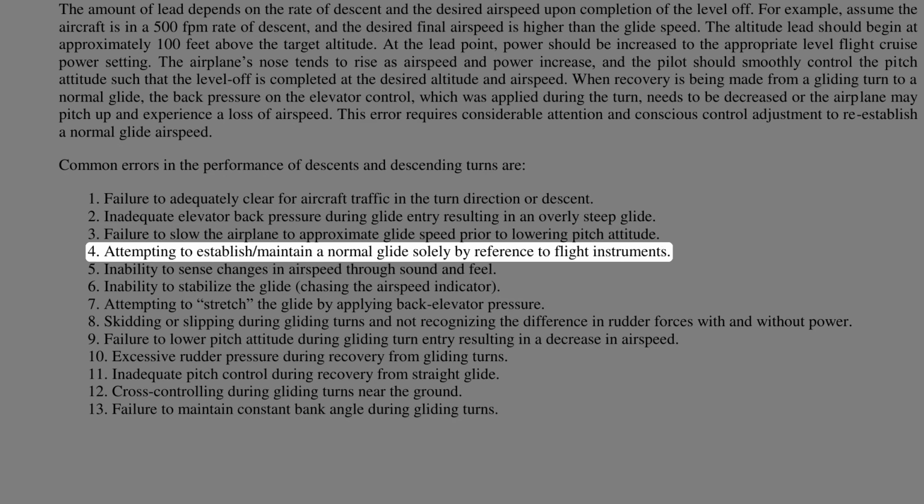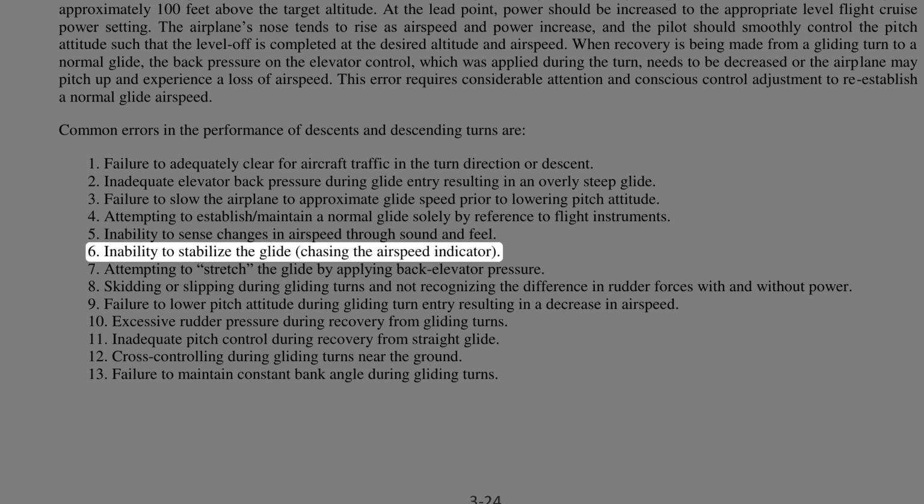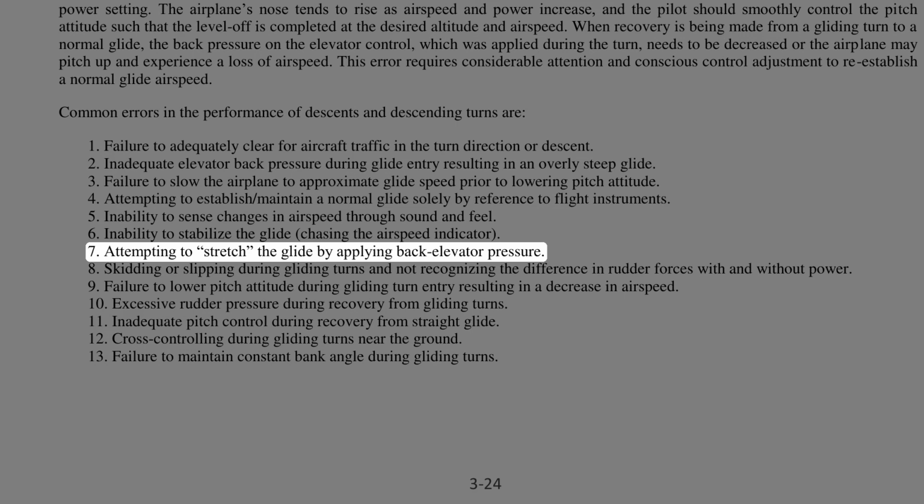Attempting to maintain a normal glide solely by reference to flight instruments. 5. Inability to sense changes in airspeed through sound and feel. 6. Inability to stabilize the glide, chasing the airspeed indicator. 7. Attempting to stretch the glide by applying back elevator pressure.